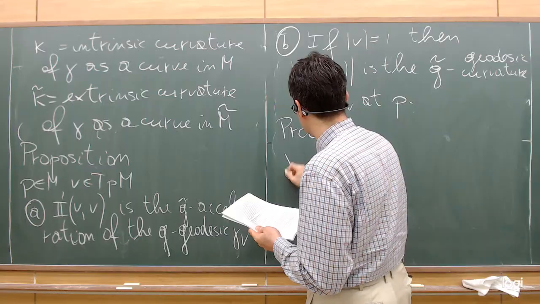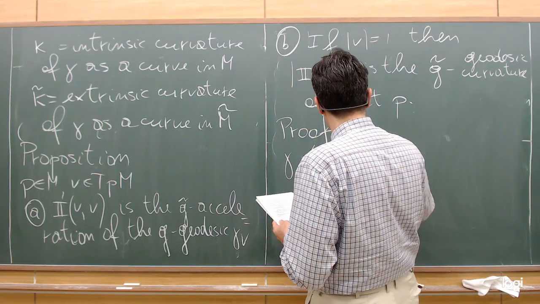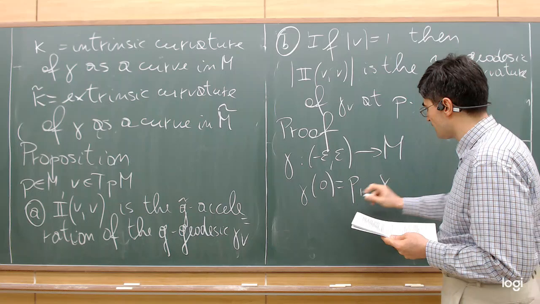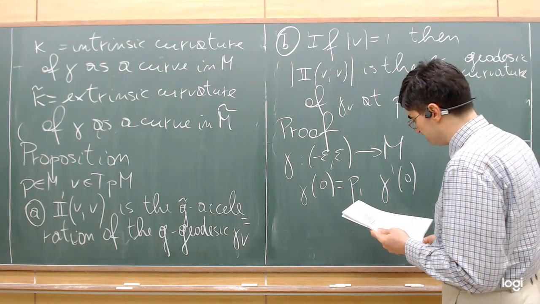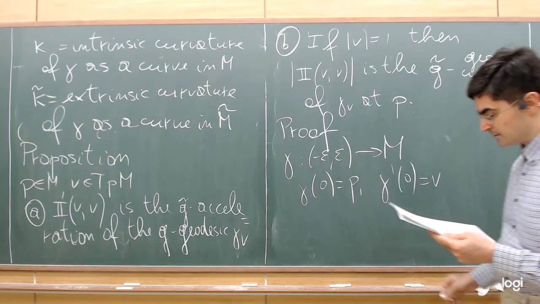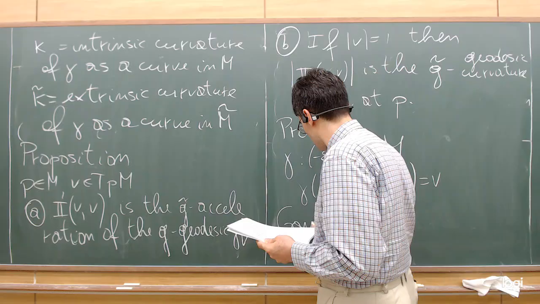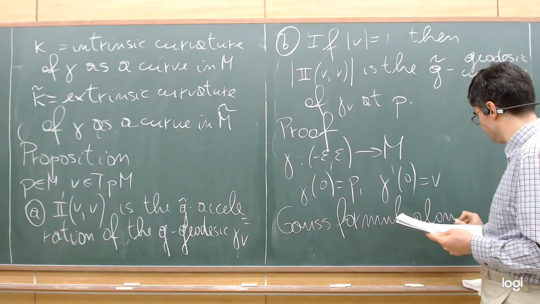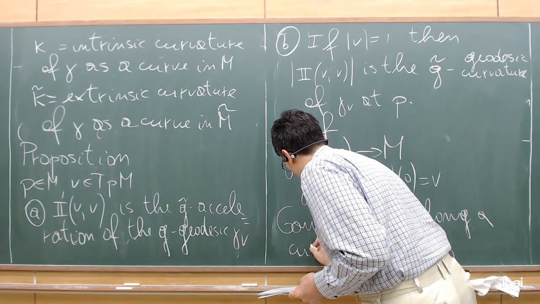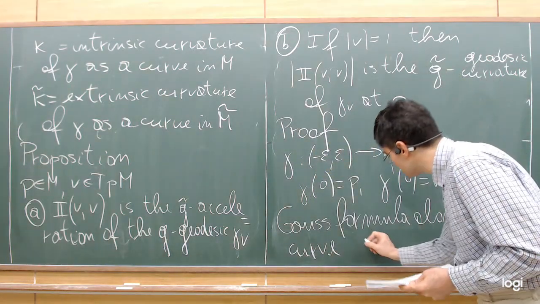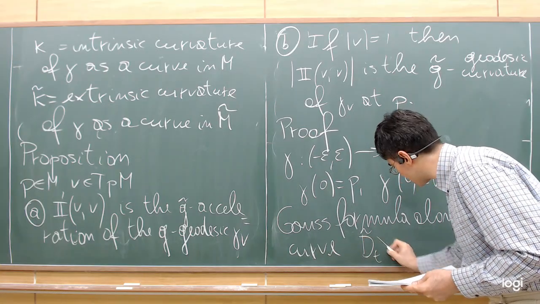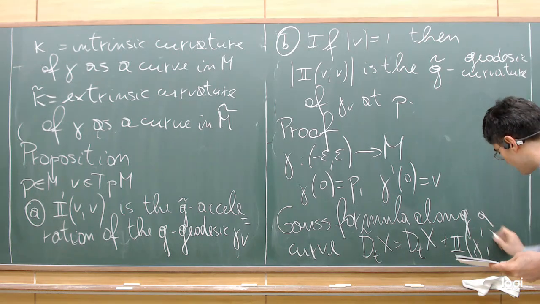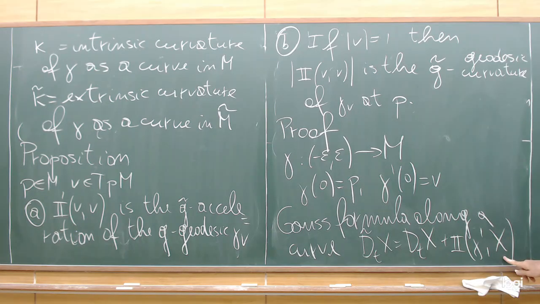Precisely, suppose that gamma is a curve satisfying gamma 0 equal P, gamma 0 prime equal V. Then if we use the Gauss formula along a curve, that is D tilde t X equal DtX plus II gamma prime X, where X is a vector field along a curve gamma.